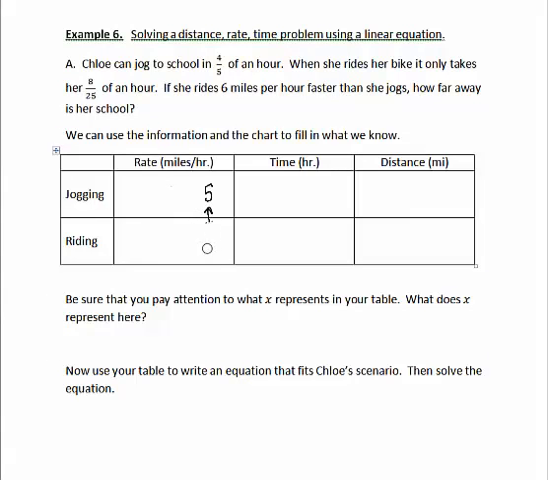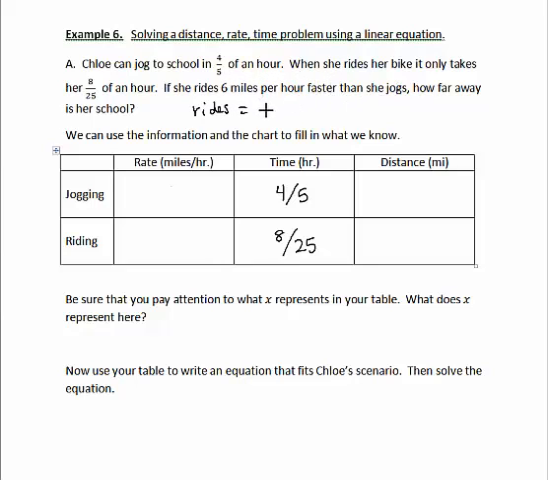So with just that information alone, we can't really nail down the numbers. What we're going to do is the same as we've done in the previous problems. We apply a variable and we write expressions in the rate column. Now, we were given the times directly, so for jogging, we write 4/5 in the time column and 8/25 for riding. Now, this says she rides 6 miles an hour faster than she jogs.